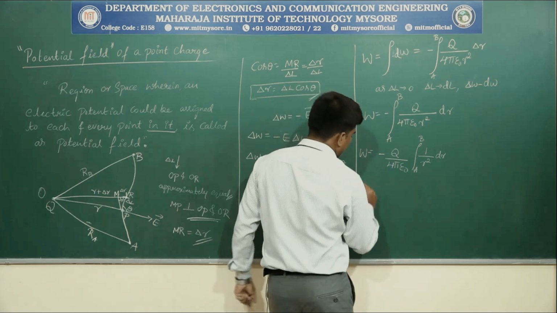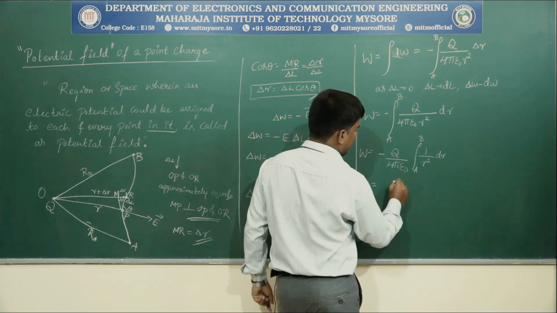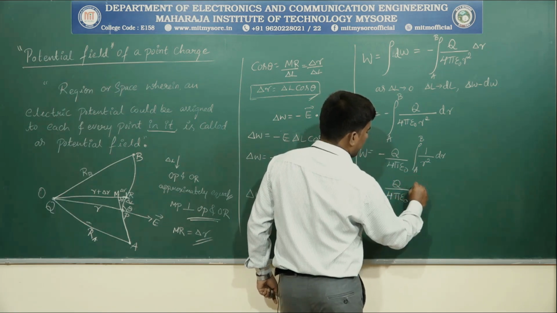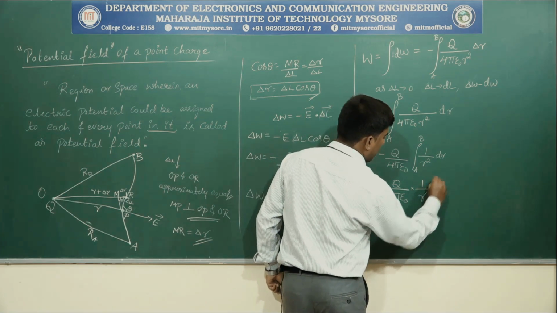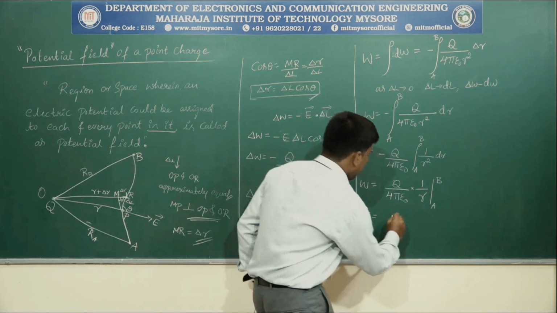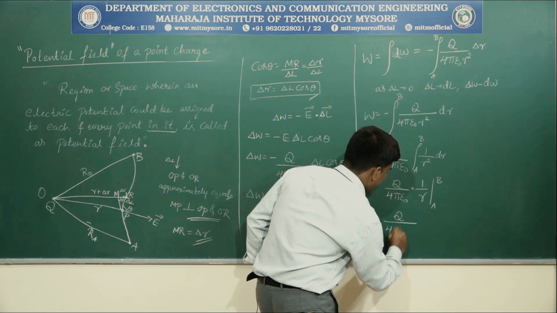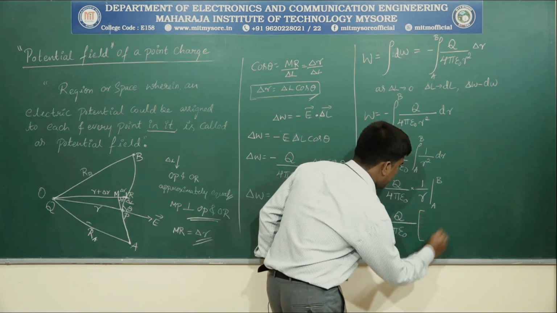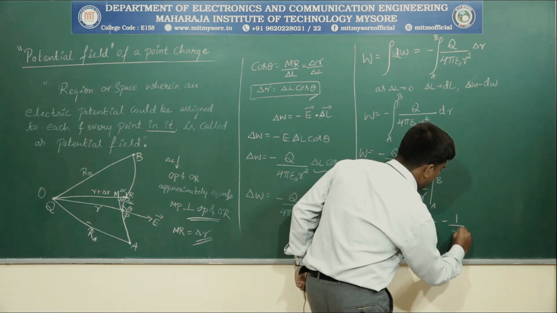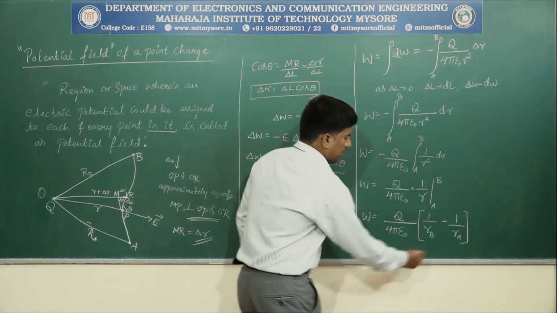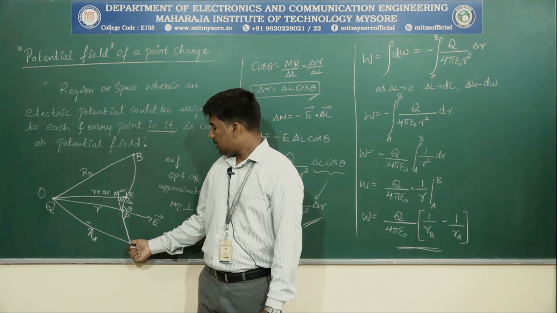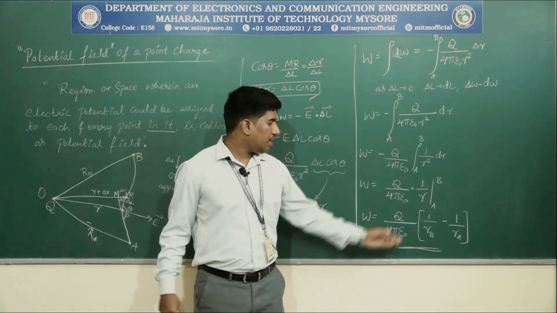Minus 1 by R. W is equal to, then minus into minus, this becomes plus, Q divided by 4 pi epsilon naught into 1 by R from A to B. Then the resultant expression is W is equal to Q divided by 4 pi epsilon naught into 1 by RB minus 1 by RA. This is the expression for total work done in moving a charge from arbitrary points A to B, right?